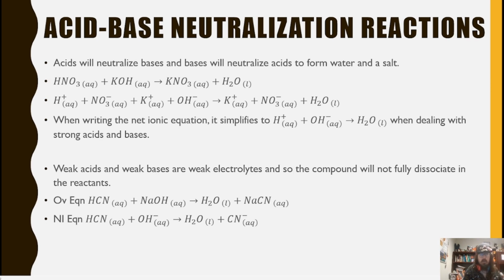And so, if you run into this on the homework, the weak acid does not, even though it's aqueous, break apart into its ions. Strong acids, strong bases break apart just fine, but the weak acids do not. So HCN stays HCN, even though sodium and hydroxide break apart and sodium can cancel out.